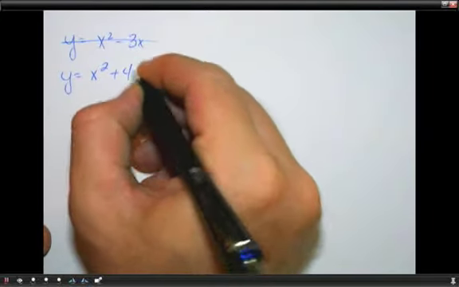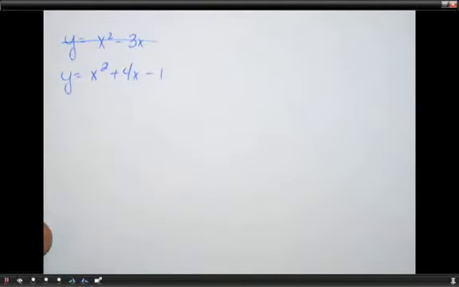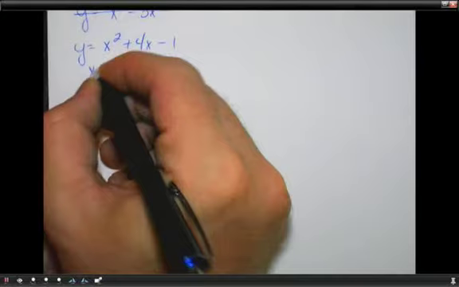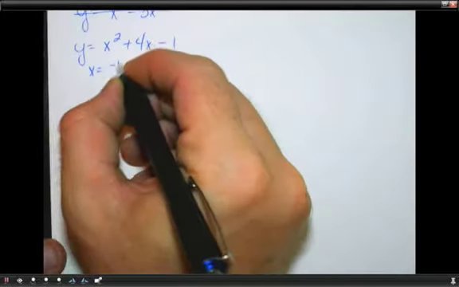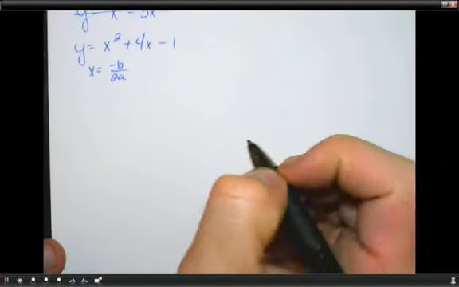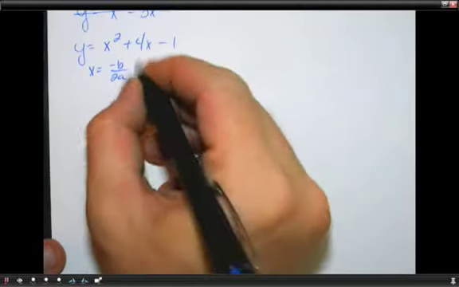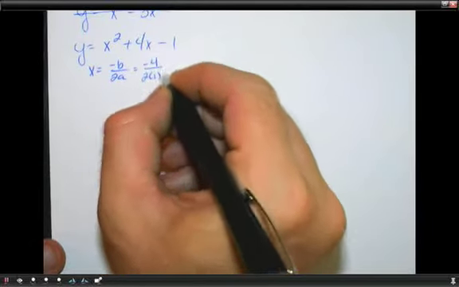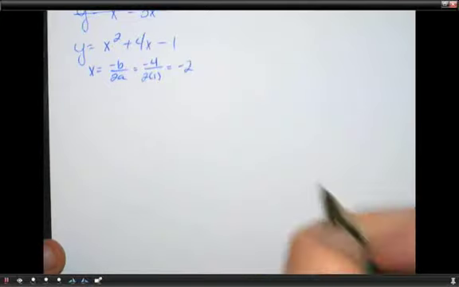Let's go plus 4x minus 1. Let's make this a little bit easier as our first example here. So I need to find my vertex. So my vertex is the opposite of b over 2a. That finds the x coordinate. Well, in this case, it's positive 4, so this becomes negative 4 over 2 times 1, which is negative 2.